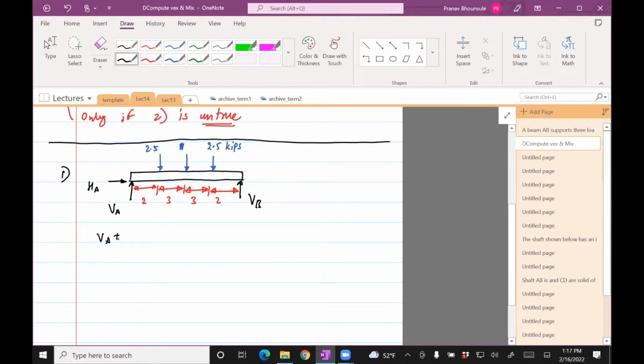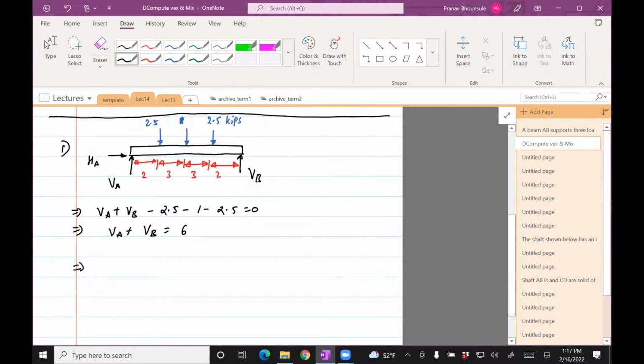So VA plus VB minus 2.5 minus 1 minus 2.5 equals 0. And this gives us VA plus VB equals 6.